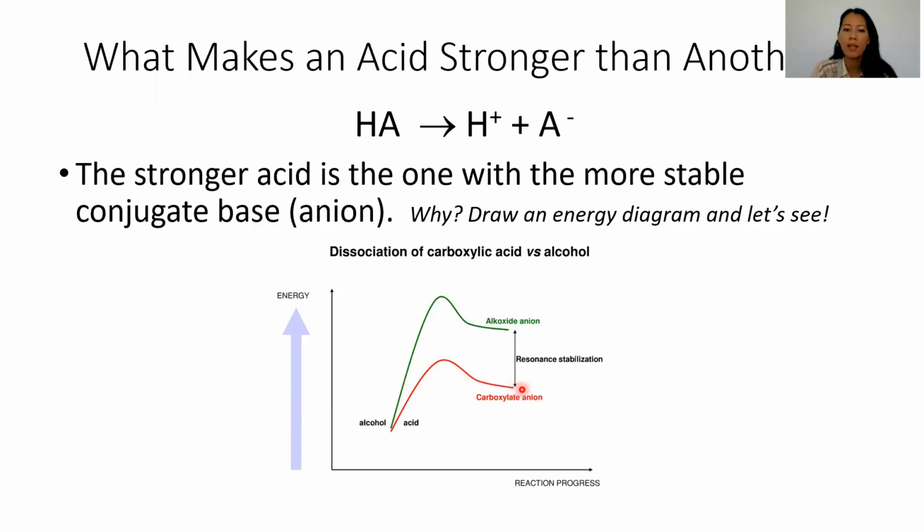So the key takeaway here is, 1, if your product or intermediate is lower in energy, there's a lower hill to climb. You need less energy to go up this hill. It'll be easier to occur than the one that requires a high hill. So this ends up more easily giving up its H plus. It'll be the stronger acid versus the alcohol.